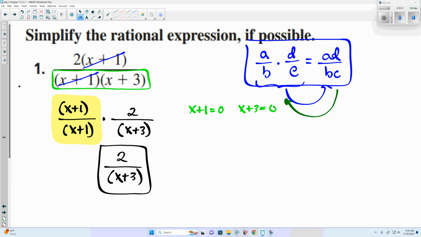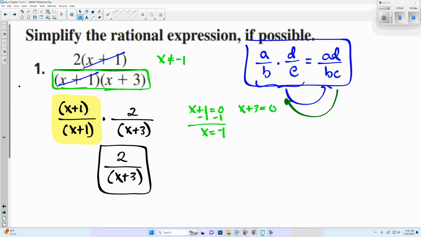Since we're dividing by x plus 1, if x is negative 1, it would make the denominator be 0, because it'd make the x plus 1 be 0. And when it's multiplied by our x plus 3, the whole thing would become 0. We're dividing by 0. That cannot work. So what we can say is that x cannot be negative 1. It could be anything else.